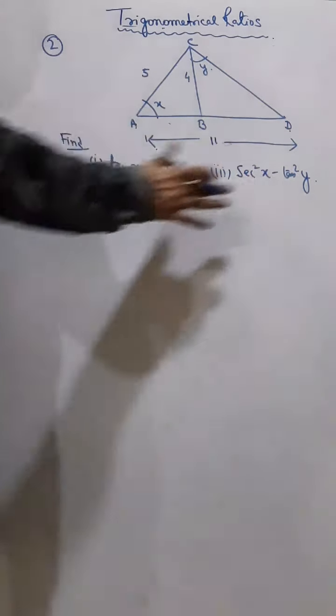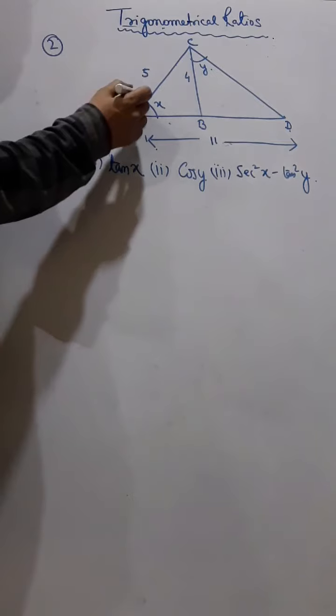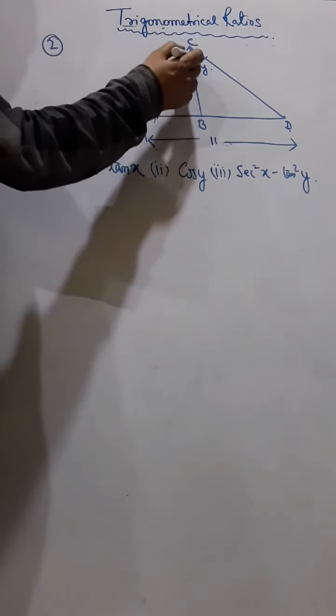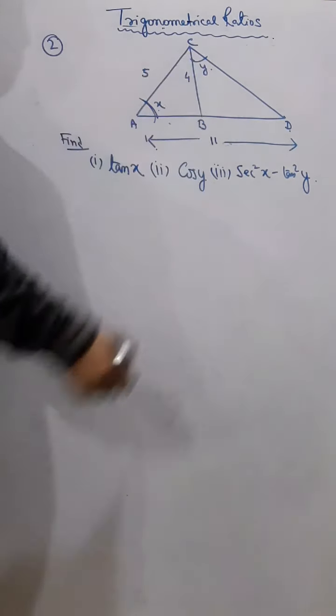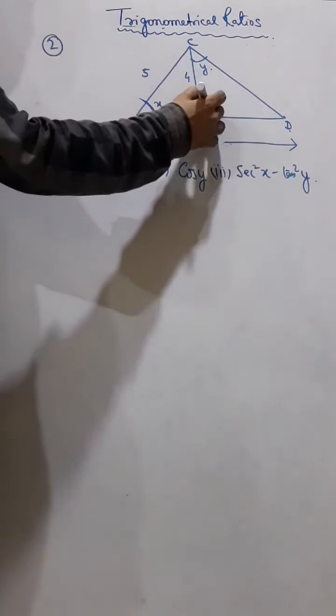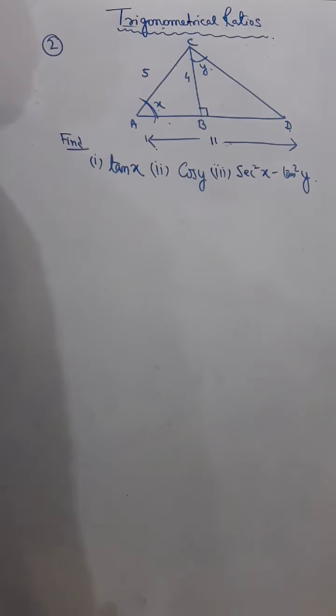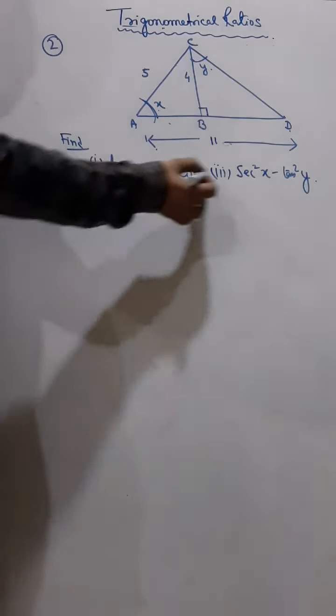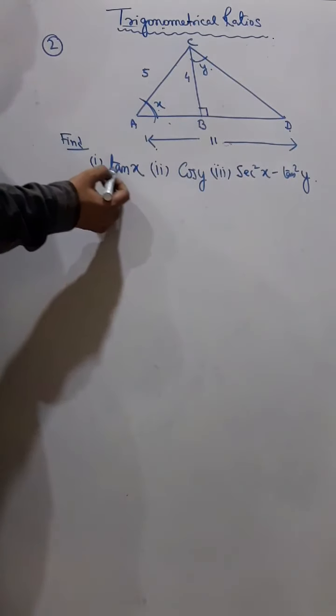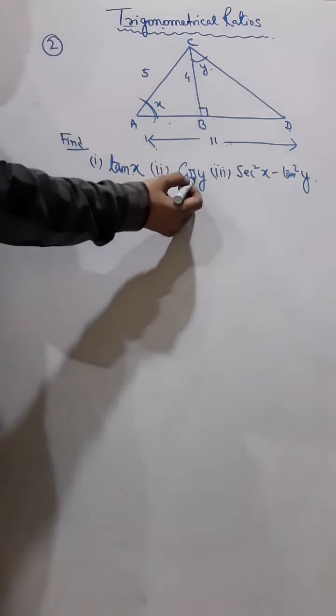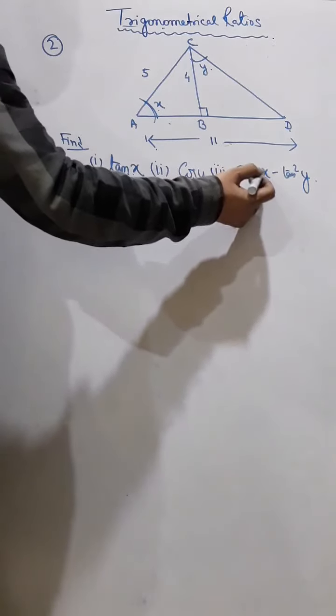you can see in this figure, this angle is mentioned as x, this angle is mentioned as y, and in fact this is perpendicular, and they told to find all this. Okay, so number 1 they told tan x, number 2 they told cos phi, number 3 they told sec square x minus tan square y.